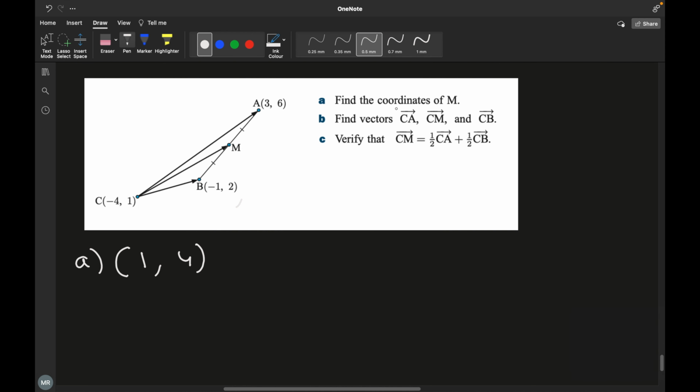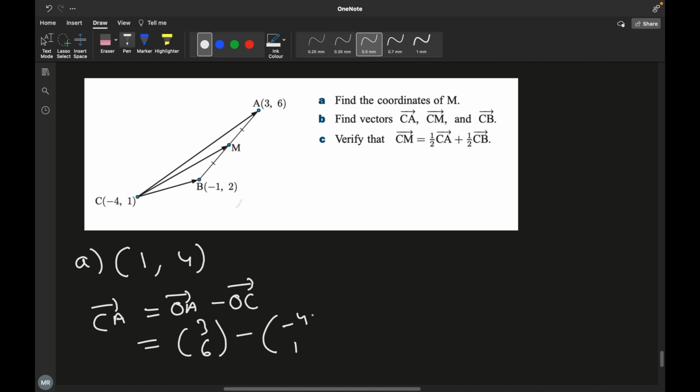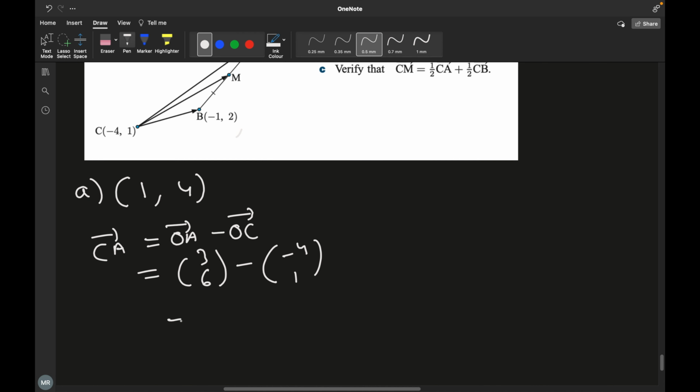And then we have to find the vector CA. CA is OA minus OC. We know that OA is (3, 6), and then OC is (-4, 1). This is going to be (7, 5).